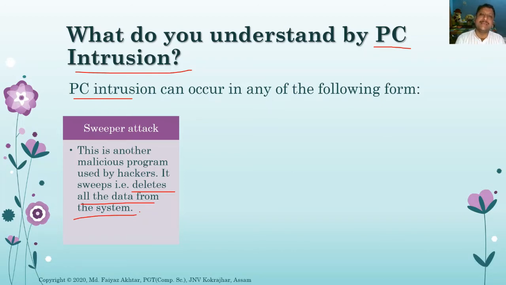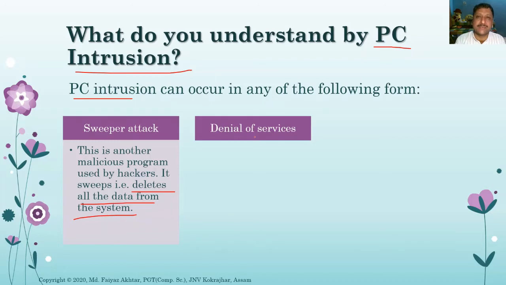A program or software gets installed in your computer while using the internet, or while you have installed some legitimate useful software or application. Along with that, this malware, this malicious program, gets installed. Then it sweeps all your data, means deletes all your data. This is known as PC intrusion. Next, denial of services.